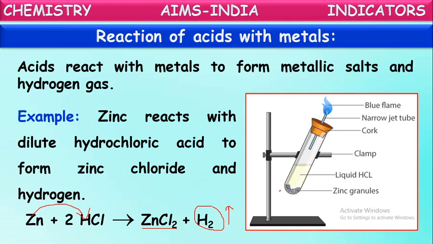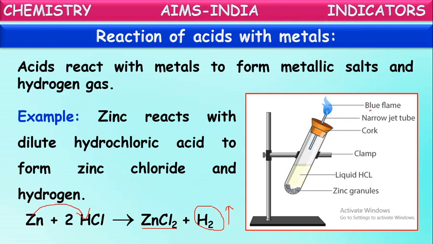The experiment is also shown. First, some zinc granules are taken into a test tube or conical flask. Into that, hydrochloric acid is added, and then zinc chloride is formed in the test tube, and hydrogen gas is emitted. This hydrogen gas can be tested with a burning splinter.